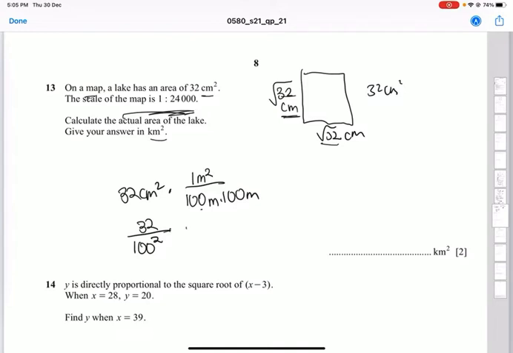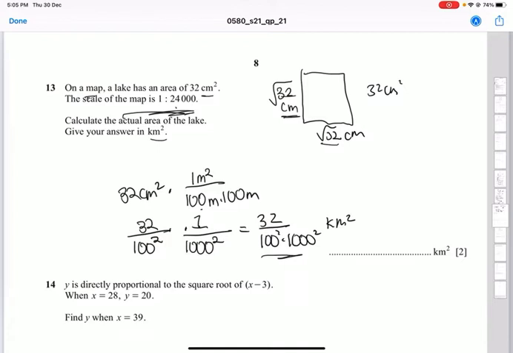So again you divide by 1000 squared to get it into km squared. Hopefully that's clear. So 32 over 100 squared times 1000 squared gives you your area in km squared, but of the lake area in the map.